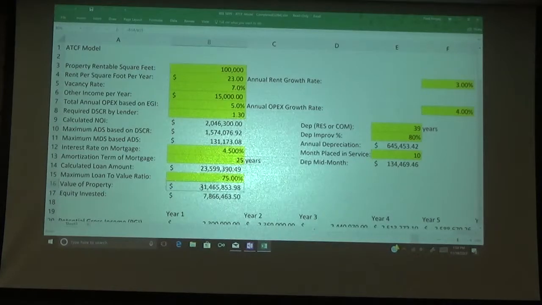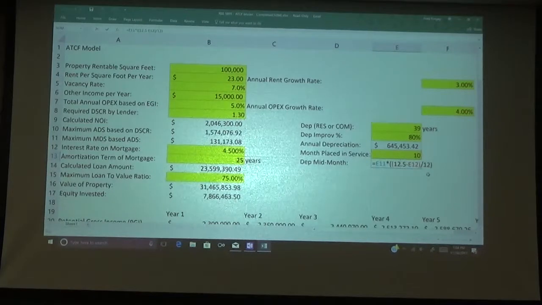Now, one little thing that I did, take a look at the calculation here for the mid-month. This is a nifty little thing to help do what we just did. Basically you're taking the annual depreciation number, cell E11, and multiplying it by 12.5 months, since everything's based on halves, minus what month it was placed into service, divided by 12.